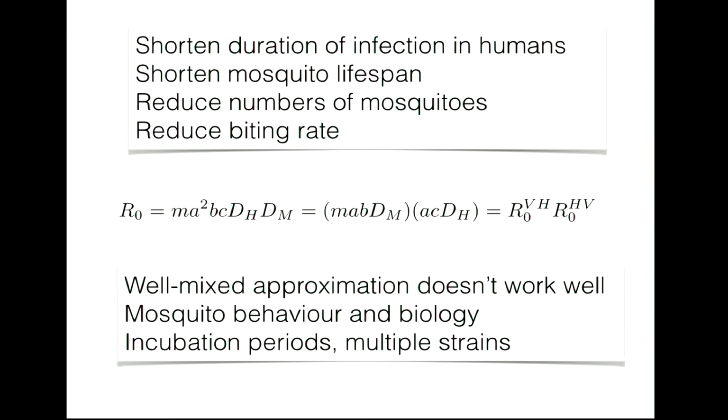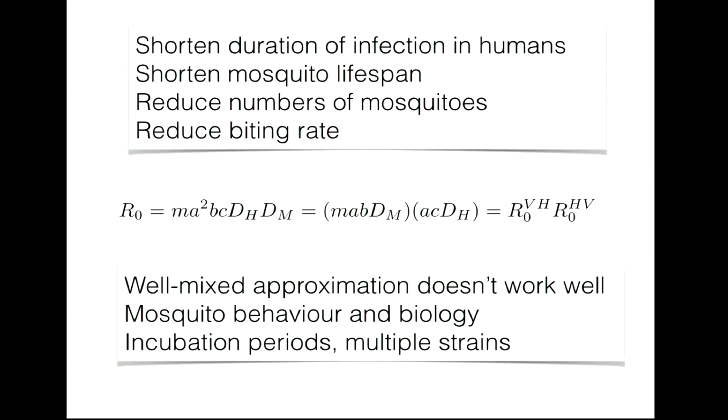These are ways, all of which have been used in various ways in the discussion of, for example, reducing the biting rates by having insecticide-impregnated nets. You can reduce the number of mosquitoes by spraying DDT in targeted areas where mosquitoes are known to breed. There are also pharmaceutical interventions that could affect this particular quantity here.